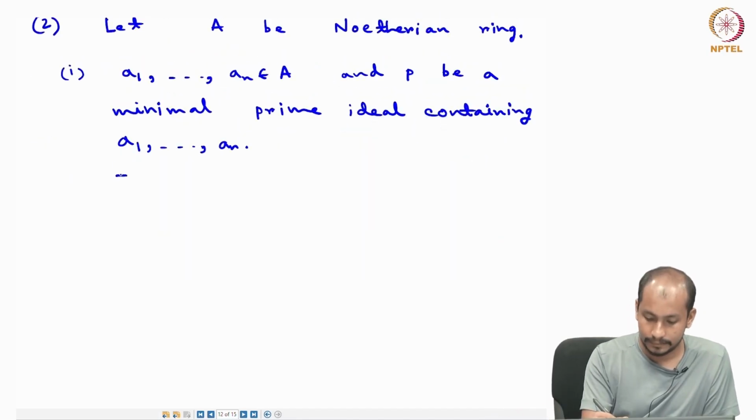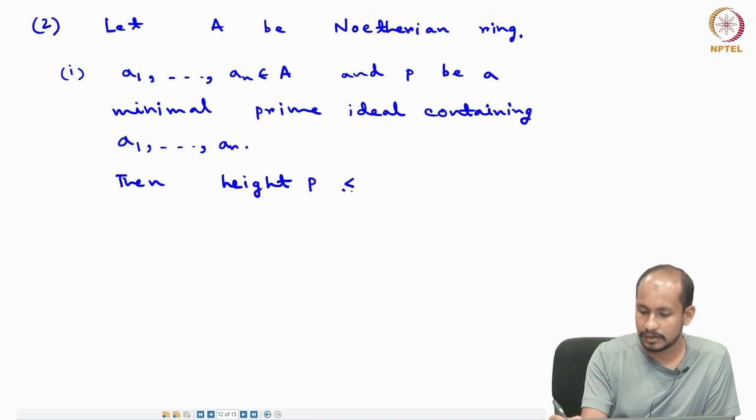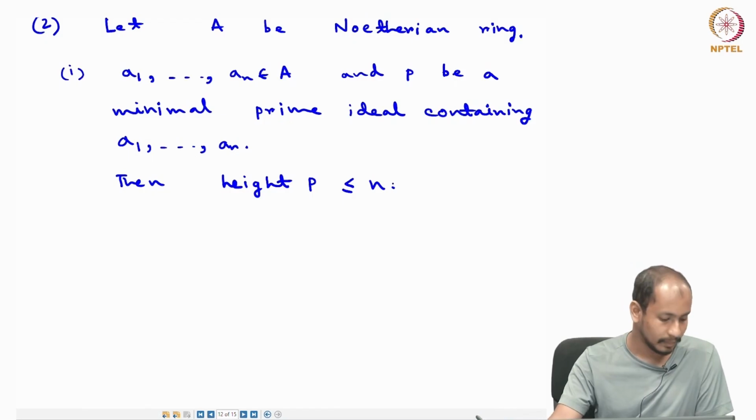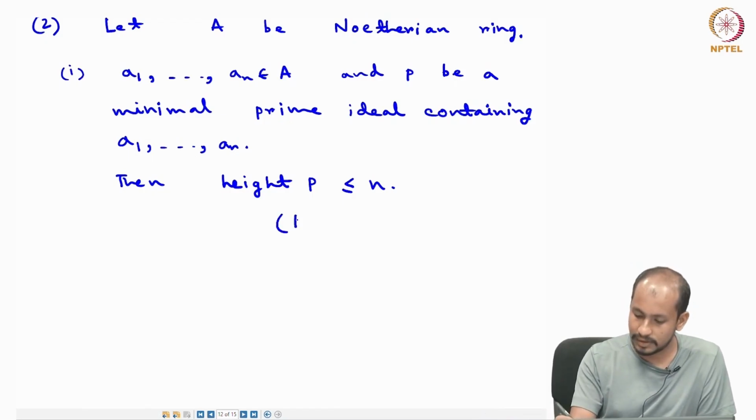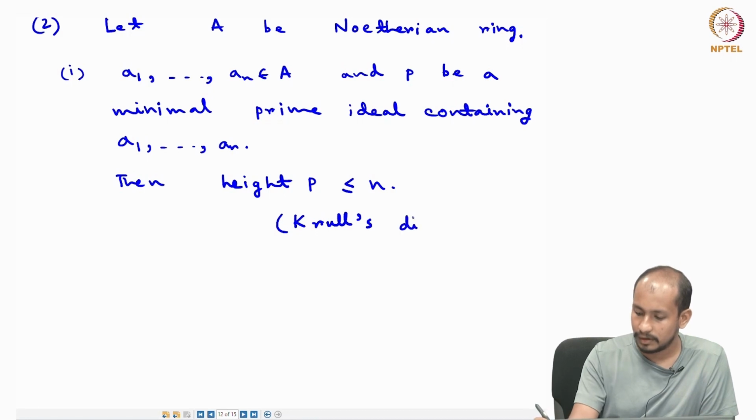Then the height of this prime ideal P is less than or equal to n. This is called Krull's dimension theorem.